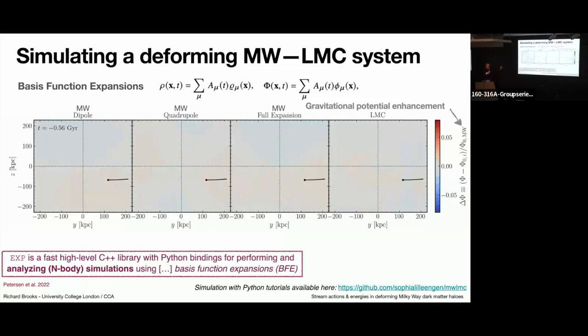You can see how they form as the LMC is falling in on the black path. The two panels on the right are the fully live halos, and you can again see these deformations. You should check these tutorials out if you fancy using some deforming halos in your work.